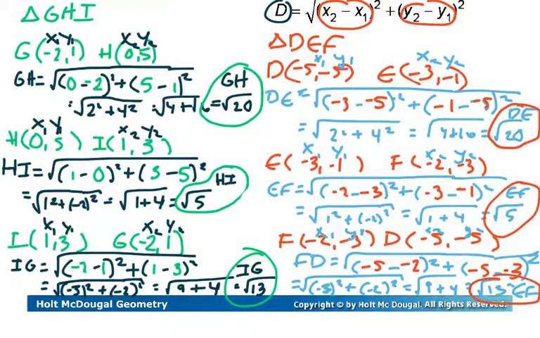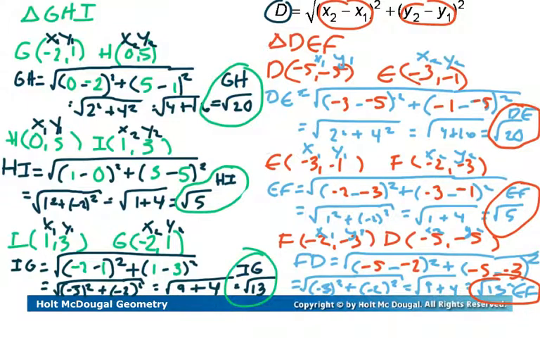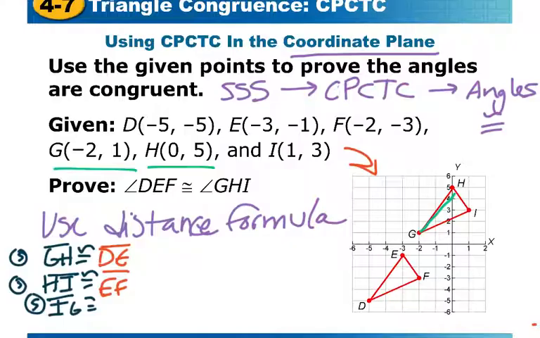So we've now matched FD with IG. So IG and FD are going to be congruent as well.